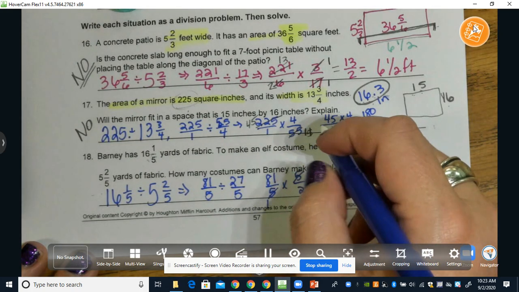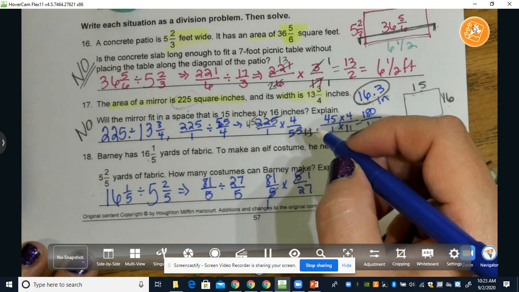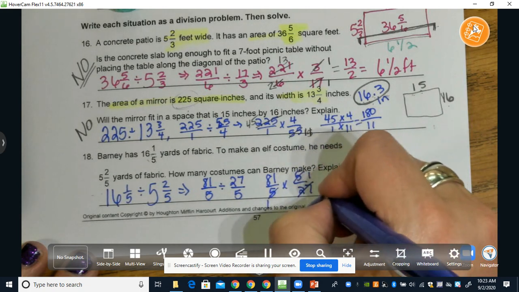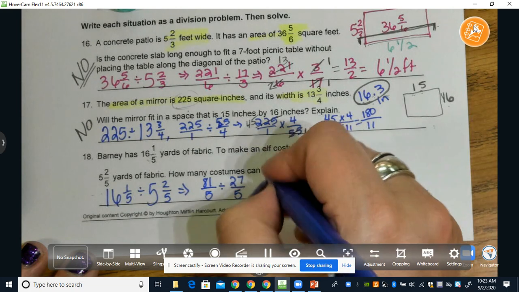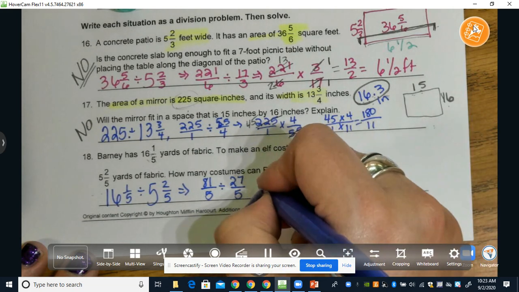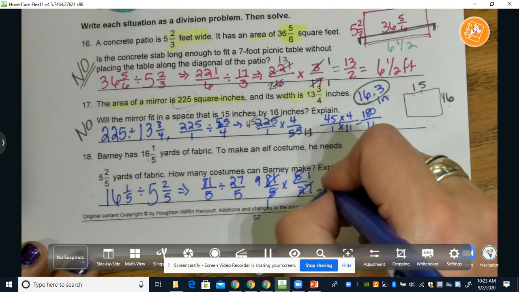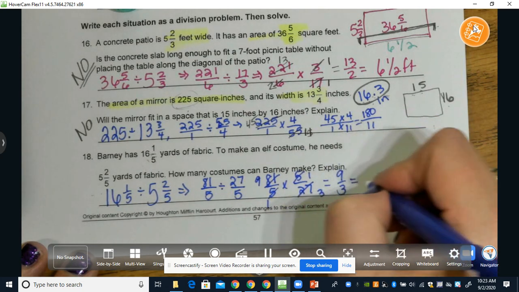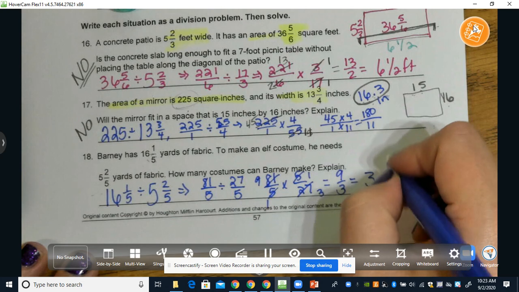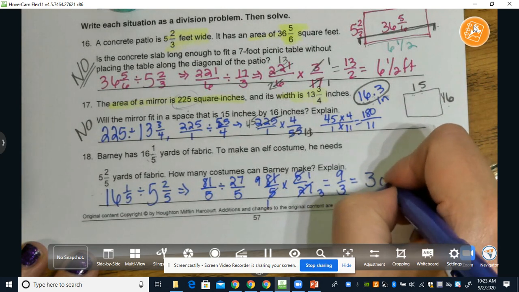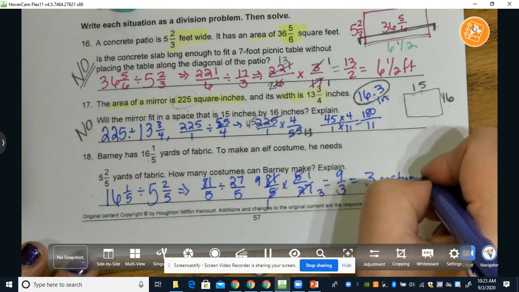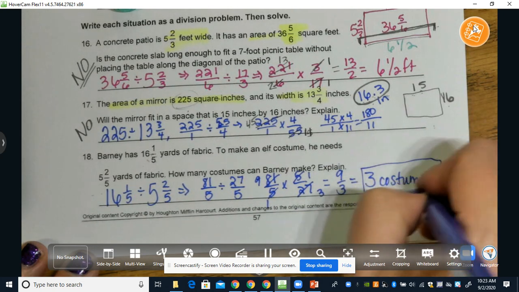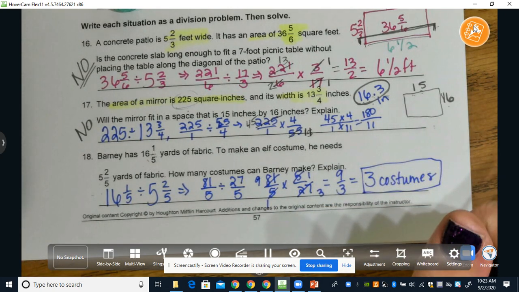I can take out a 27. Actually, I could take out a 9. Let's do 9. So that would be 3 and 81 divided by 9 gives me 9. So that would give me 9 over 3. 3 can go into 9 how many times? 3 times. So 3 costumes is what he will get out of those many yards of fabric. Okay?